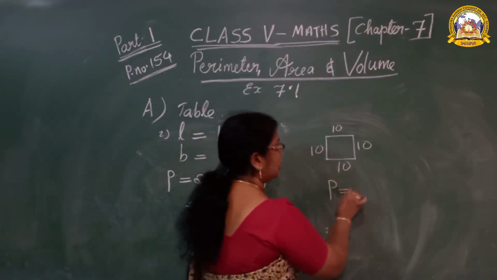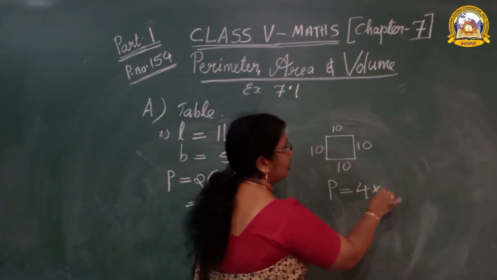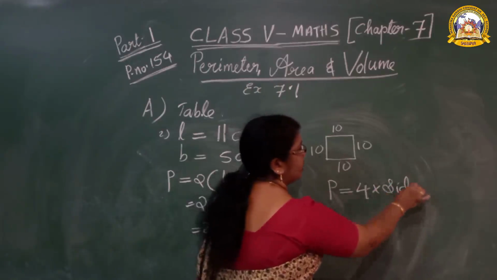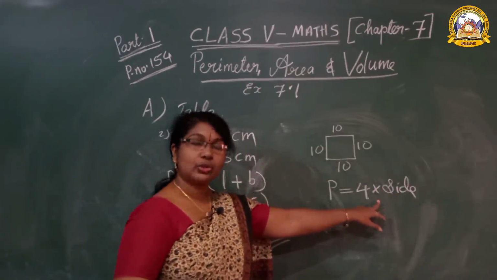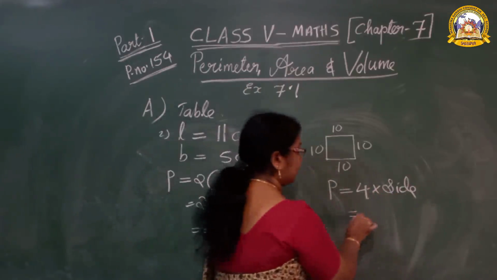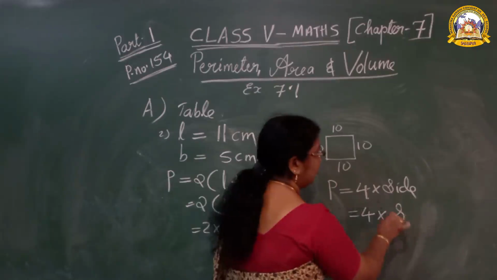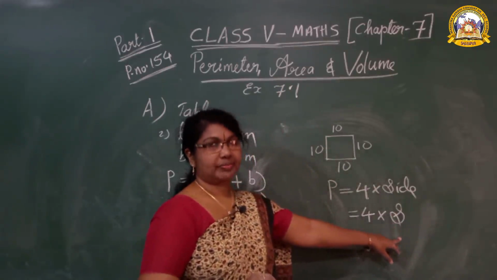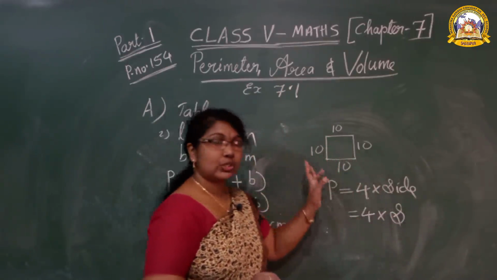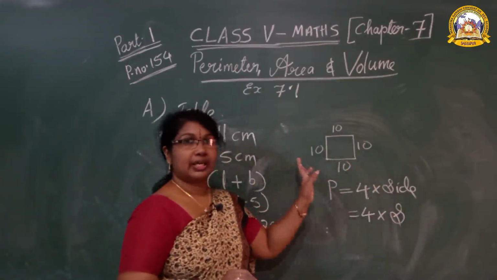Perimeter of square is equal to 4 into side. What is the formula? 4 into side. For side we can use the short form S. That means 4 into S. S is the short form of side. Once more, in a square, all the sides are equal.